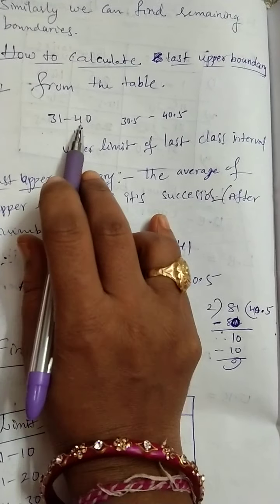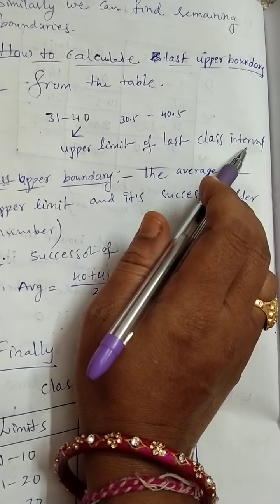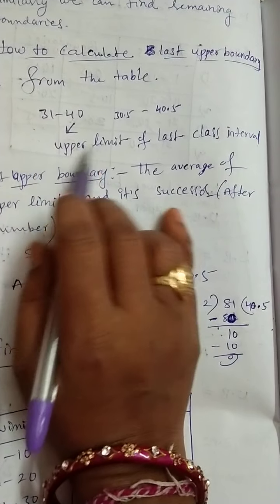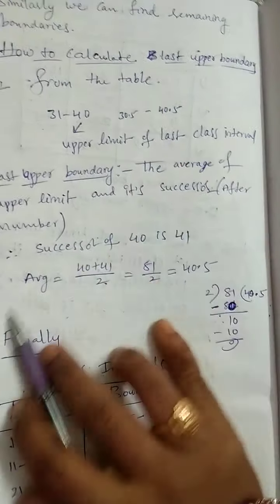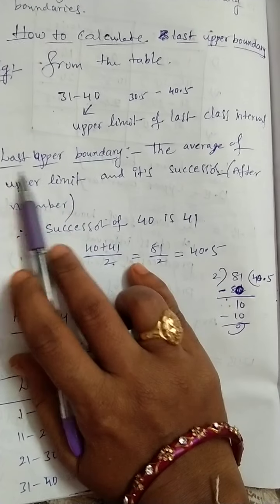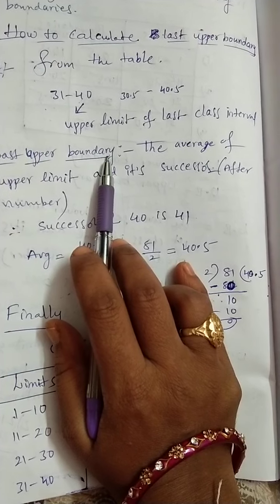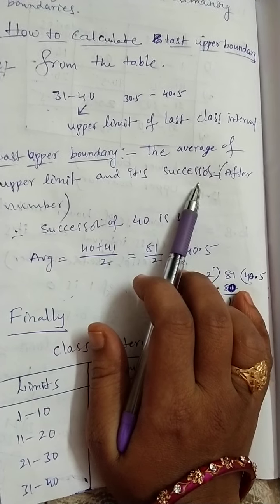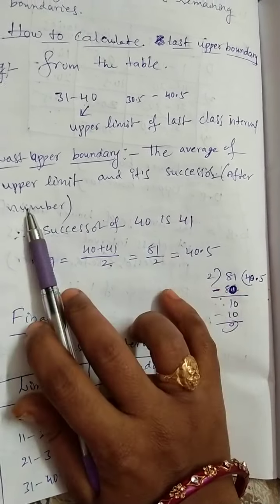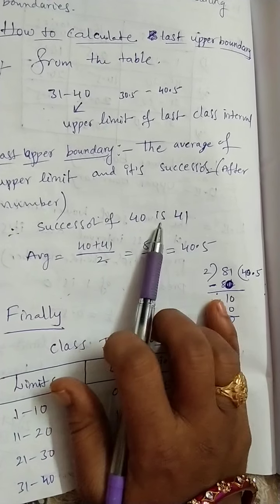We call this the upper limit of the last class interval. Now how to get this 40.5? That is how to calculate the last upper boundary. Simple: the average of the upper limit and its successor. Successor means the number after, so the successor of 40 is 41.